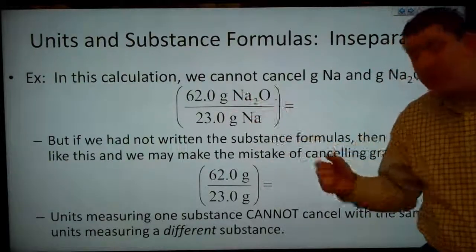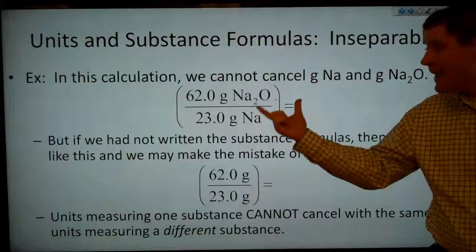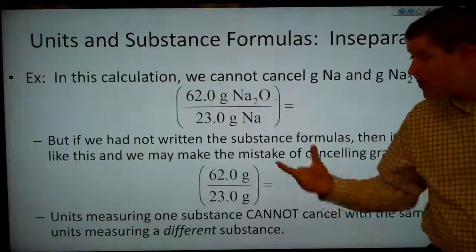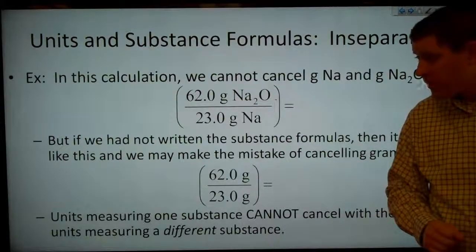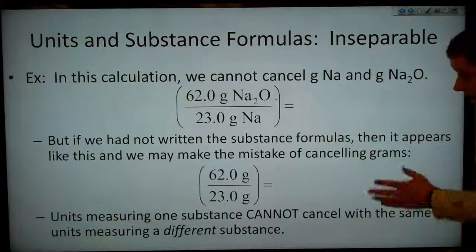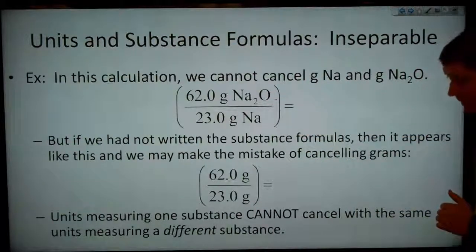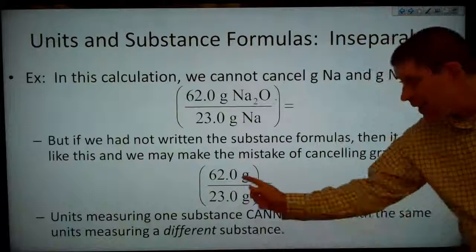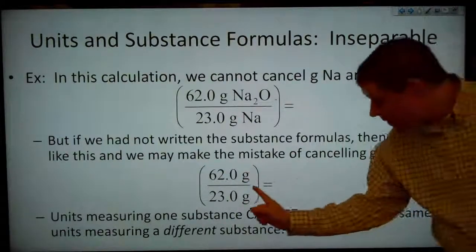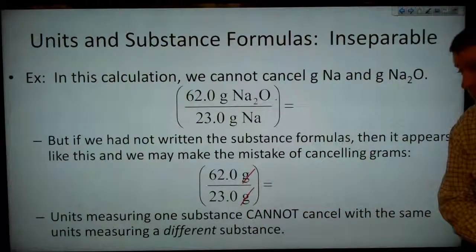Even though we have grams in both of them, and we have sodium in both of them, it's not the same substance, and that means that those units can't cancel. But if we hadn't written our substance formulas here, then we'd have a calculation that looked something like this. And then we'd be really tempted to cancel those units.